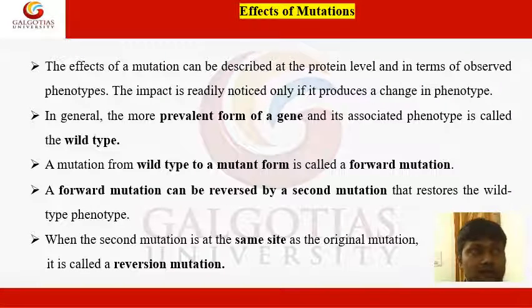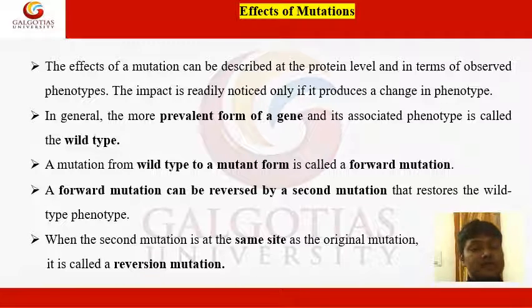Now the effects of the mutations. The effect of a mutation can be described on the protein level and in terms of the observed phenotype. In general, the more prevalent form of the gene and its associated phenotype is called the wild type.